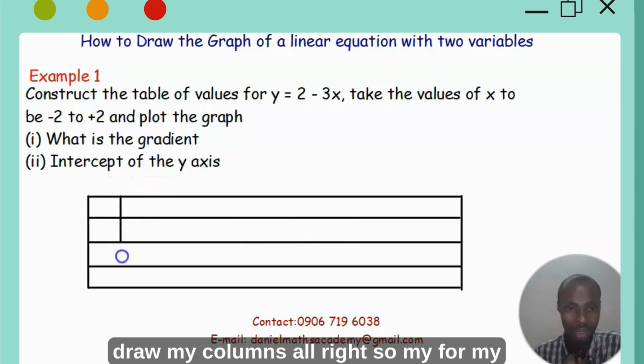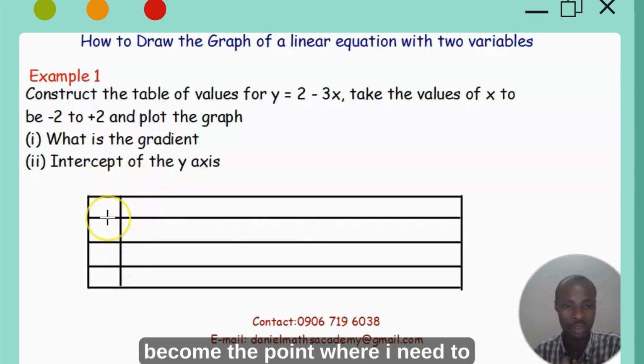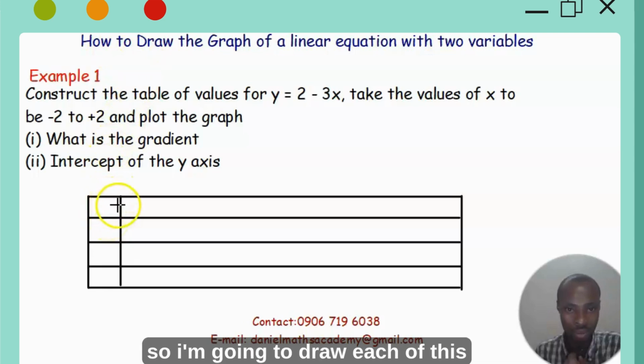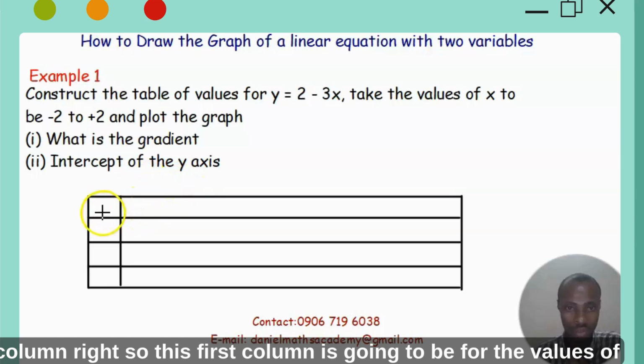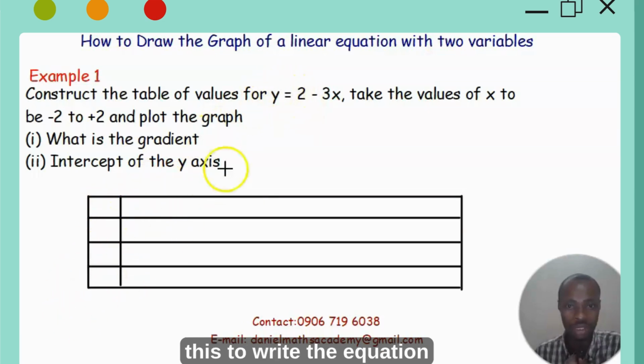All right, so for my first column I'm going to have this. Now this is going to become the point where I need to take note of this place. So I'm going to draw each of these columns, right? This first column is going to be for the values of y. So I'm going to use this first column to write the equation.